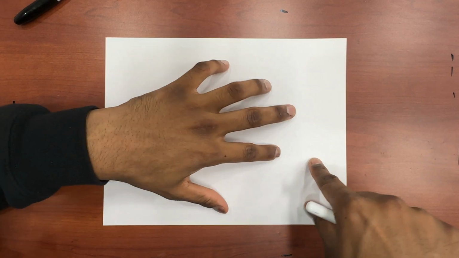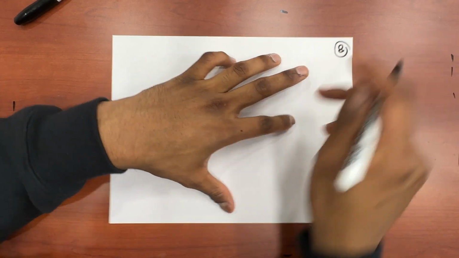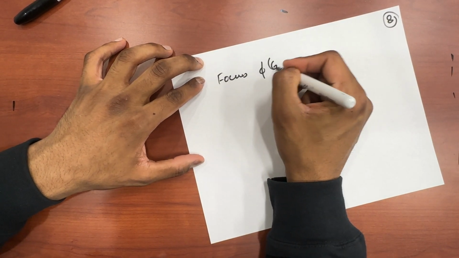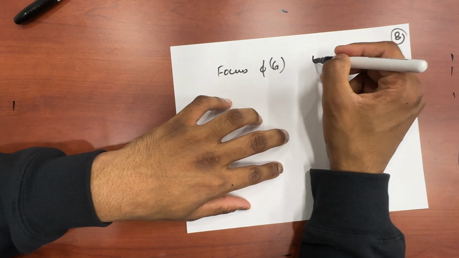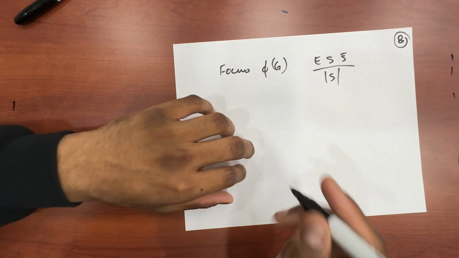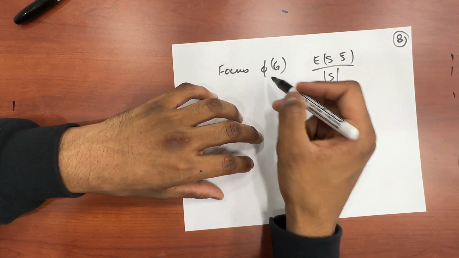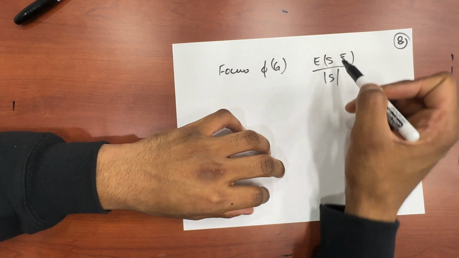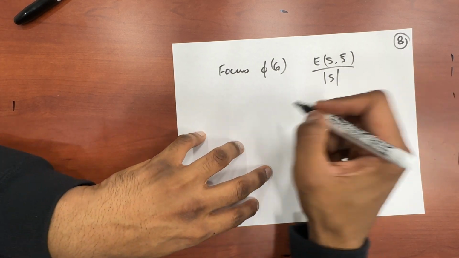So now the focus of the entire talk will be on phi of G, which is the edges between S and S bar divided by the number of elements in S. Well, this as a notion of sparsity is not too nice, because it's not as nice as this notion.